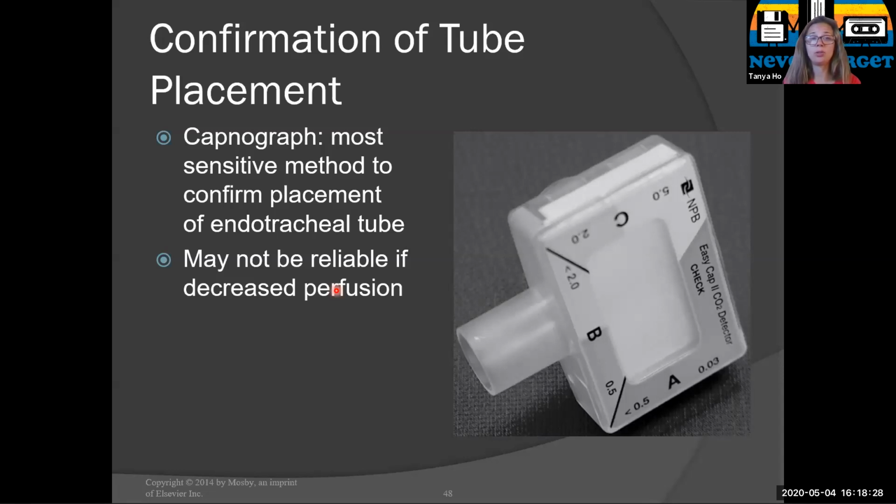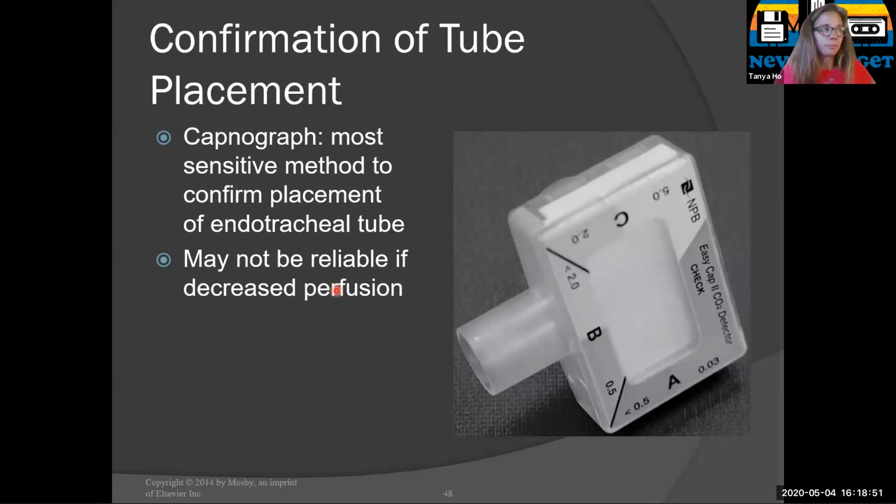So here again, you never rely on just one thing. This is where you'd say, okay, I don't see color change, but I see bilateral chest rise, bilateral breath sounds, good saturation. I do not hear breath sounds over the stomach. Maybe there's condensation in the ET tube or not. If there's condensation in the tube, then the color should change.